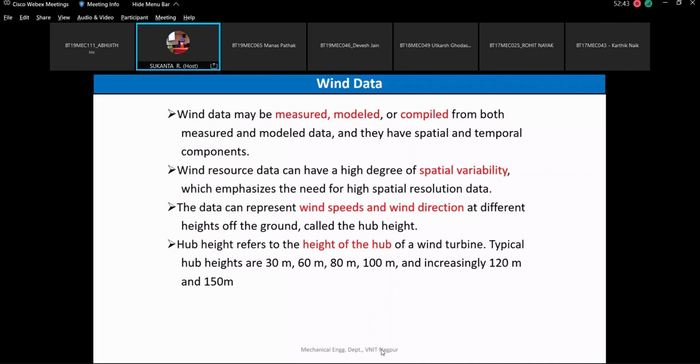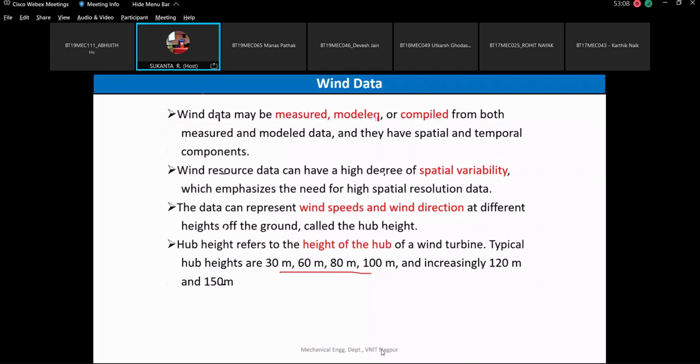Then here is a sample of wind data. So this is the time, in 10 minutes interval.